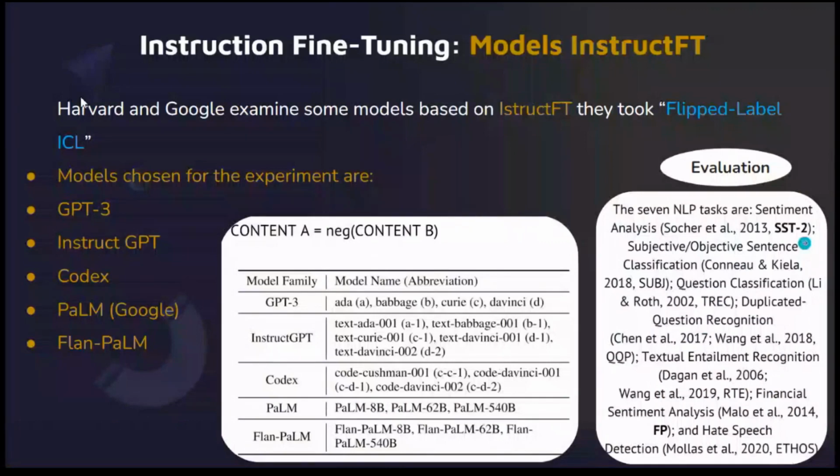Like here, they try to test the models like GPT-3, Instruct GPT, Codex, PaLM, and Flan-PaLM based on the flipped label ICL, as we discussed about flipped label ICL in the previous slide, and try to generate some LLM instructions and evaluation mechanism that are visible in diagrams with an example about sentiment analysis in NLP.